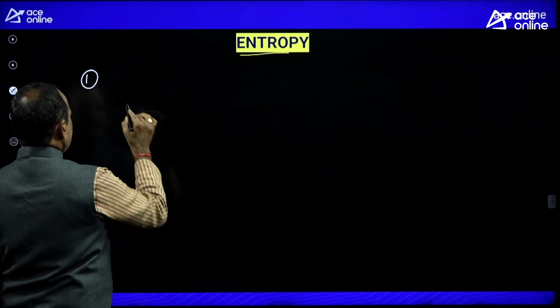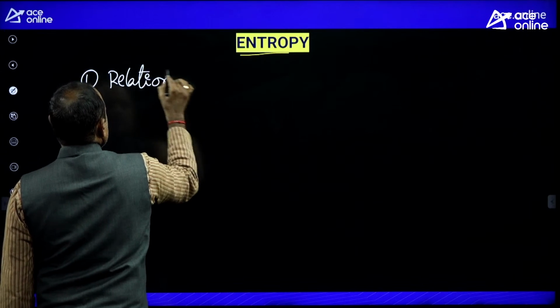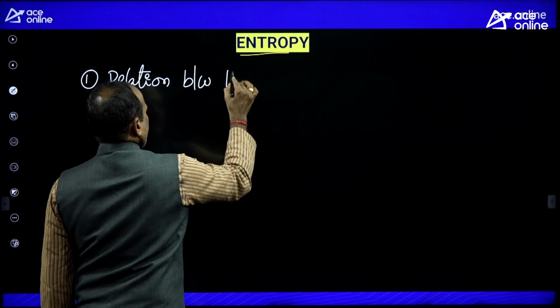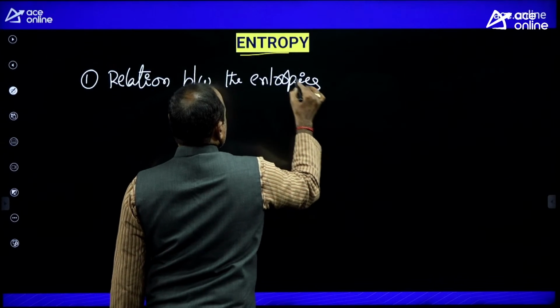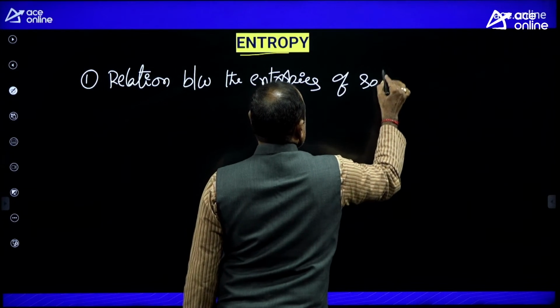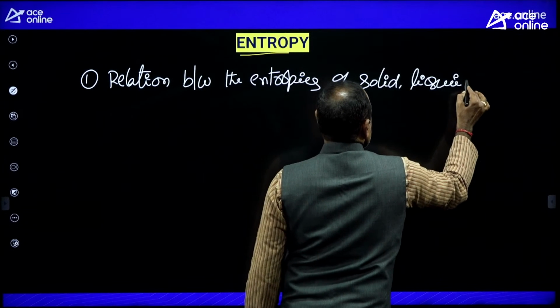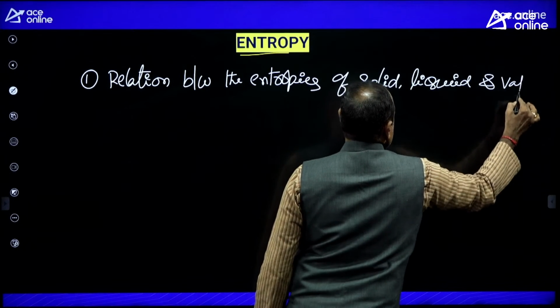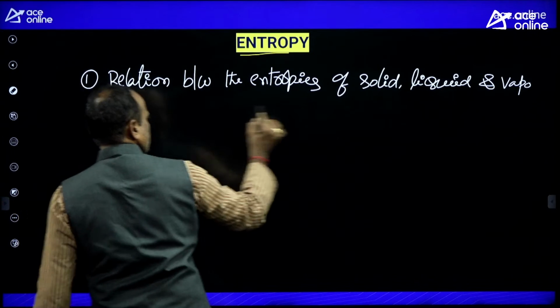Okay? Now you try to practice the problems on entropy. First you try to practice the theory concepts like the relation between the entropies of solid, liquid and vapor or gas.